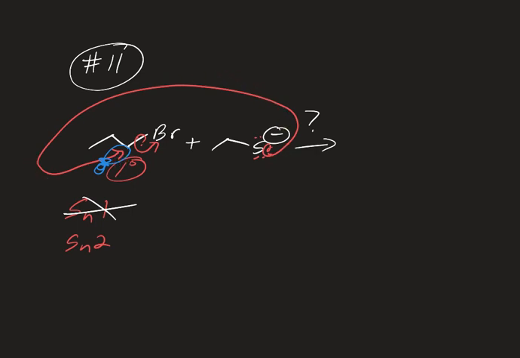Now, does this carbon have an asymmetric center? Is this sp3 hybridized bonded to 4 different things? No. So it doesn't really matter. We're not going from R to S because we never started with R or S. But we still need to draw our arrows such that we show that it's going to this back side. Did anything happen to these 2 carbons here? Nope. Are they still there? Yep.